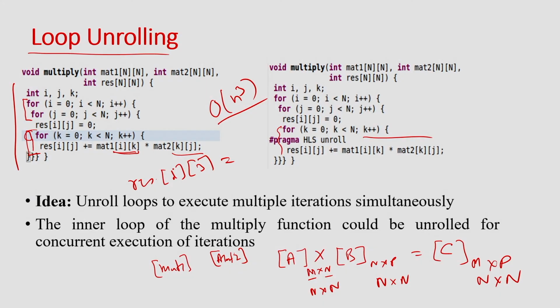So, if you just unroll this innermost loop, you need order of n square time steps. Before, I assume I need order of n cube time steps, because in every iteration one multiplication followed by addition is happening, but since the innermost loop is unrolled, you need order of n square time steps, right.